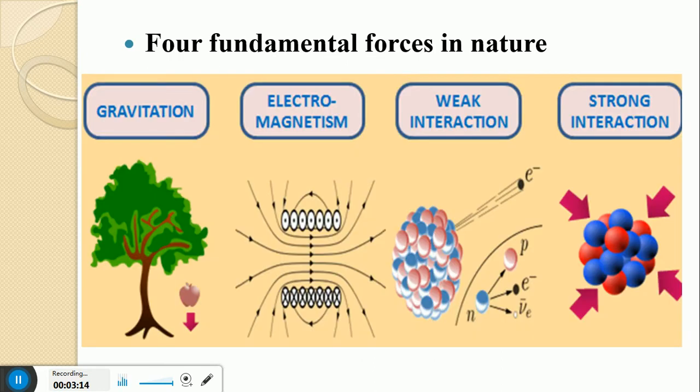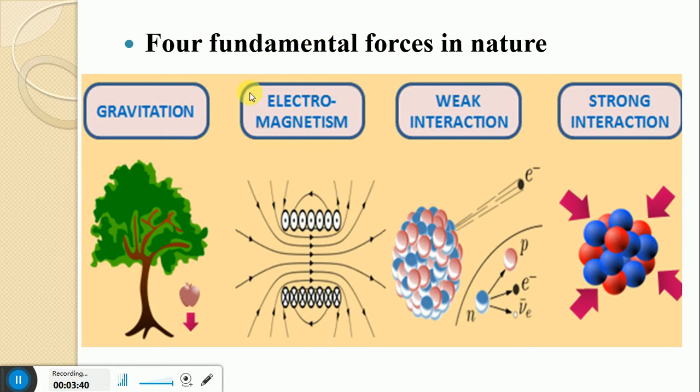In our physical world, we have four different forces, and most of them are known to us. One is gravitation, the force that explains the falling of an apple from a tree towards the surface of the earth. It is the force of attraction between two bodies having mass.